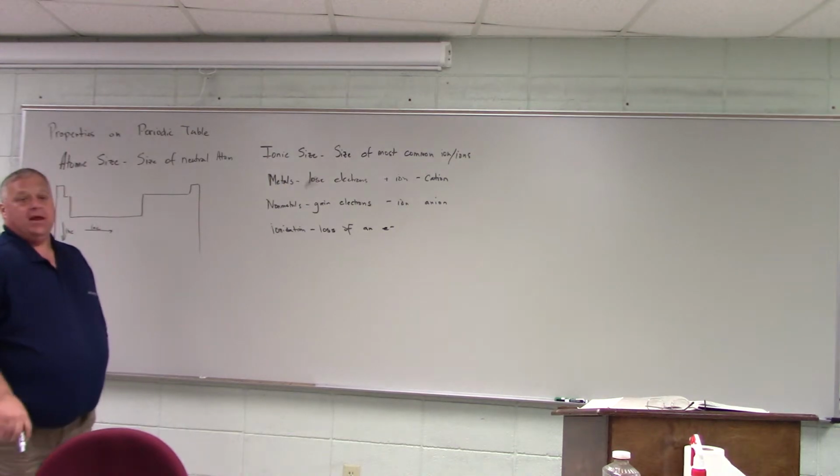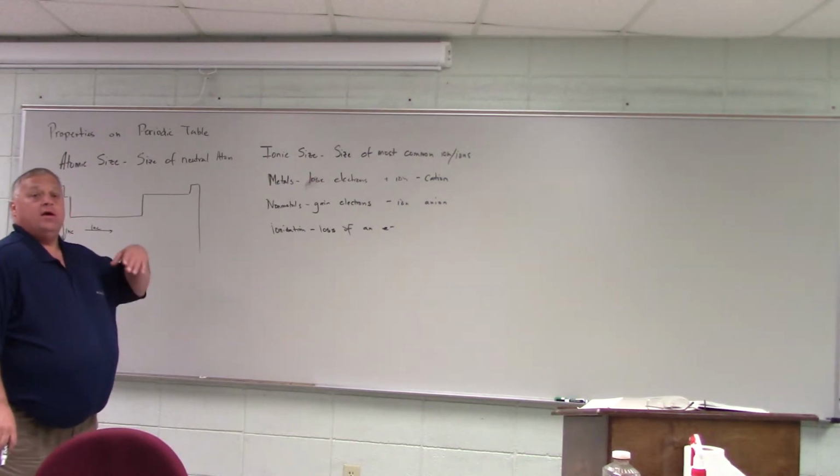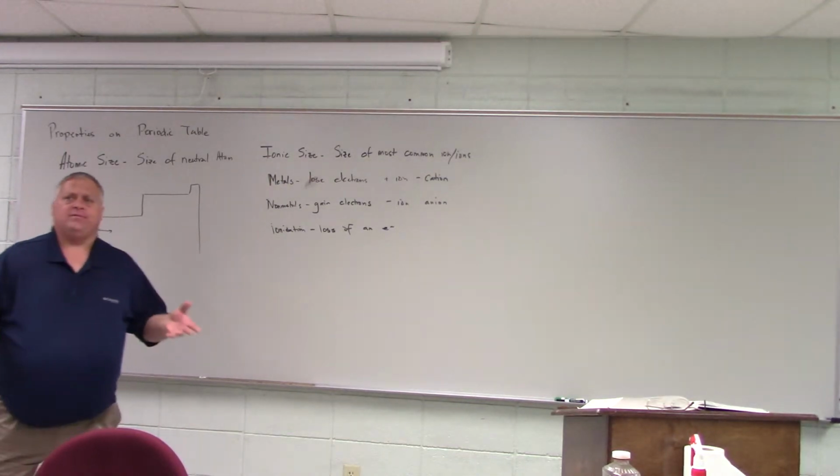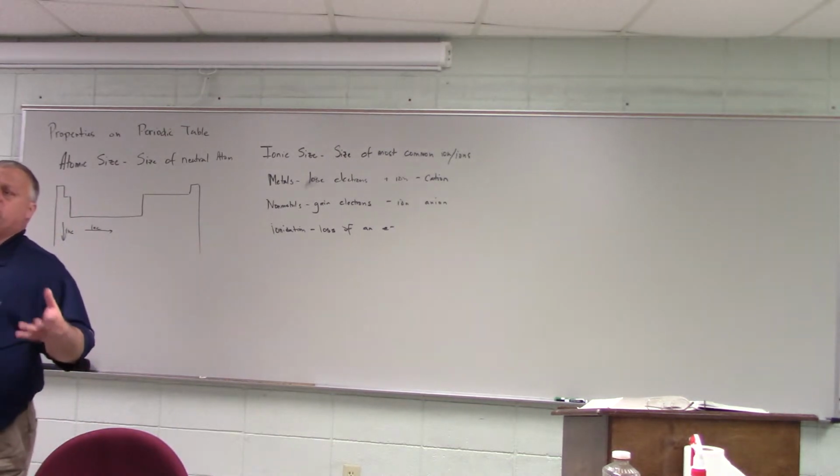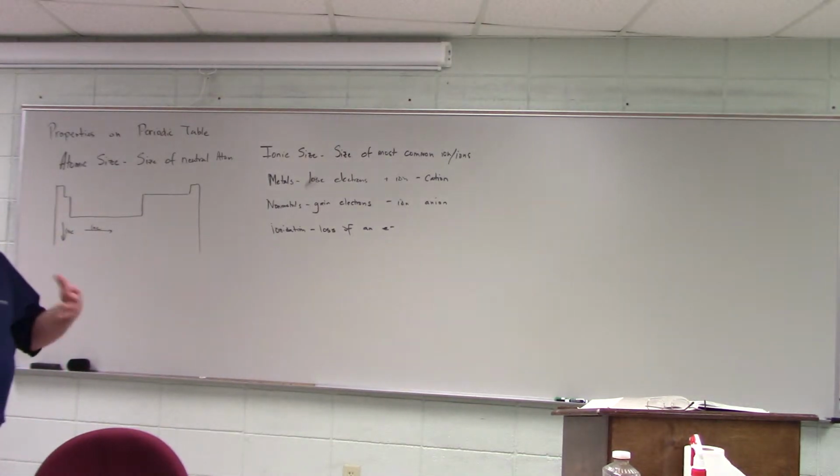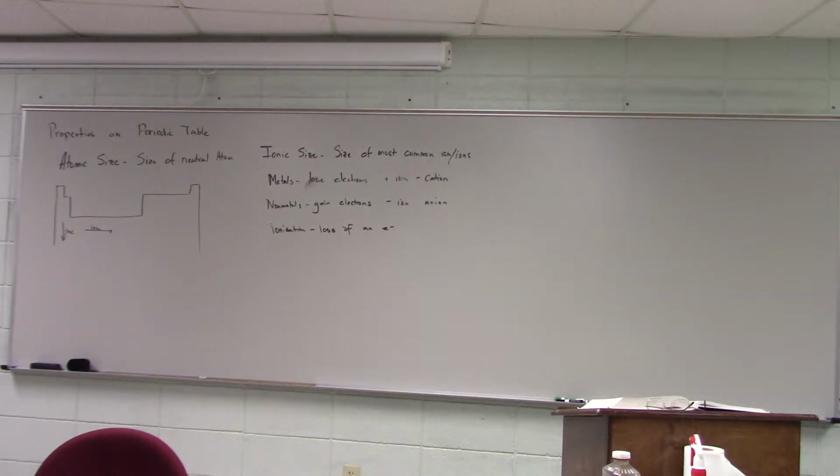If we're looking at losing electrons, the first electron requires, let's say, 10 joules of energy. How many joules would the second require? More than 10 or less than 10? More. Why would it require more? Because you have more protons with respect to the electrons, right?